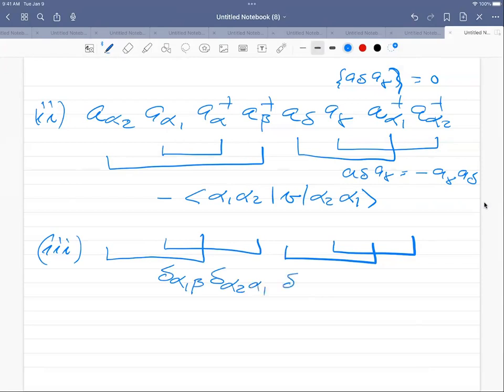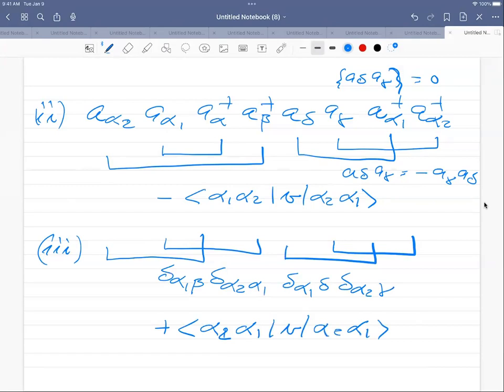And then I have a delta alpha 1 with a gamma, with delta, and delta alpha 2 with gamma. Since I have minus minus, that gives me plus. And now I have a matrix element which runs like plus, and then I have alpha 1, alpha 2, alpha 1 of V of alpha 2, alpha 1.